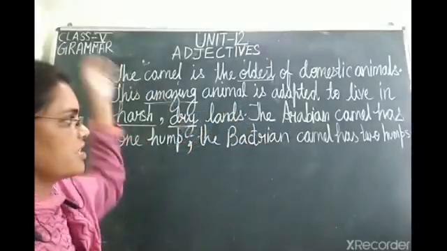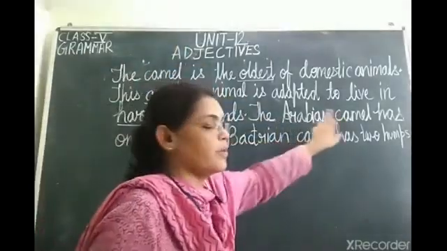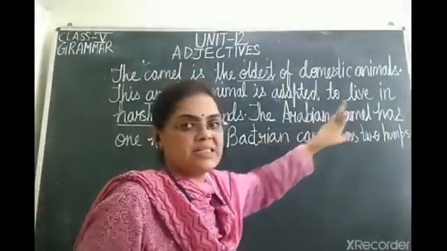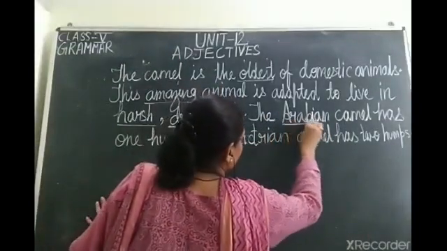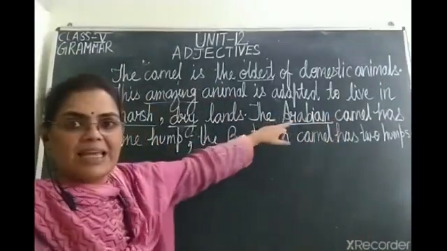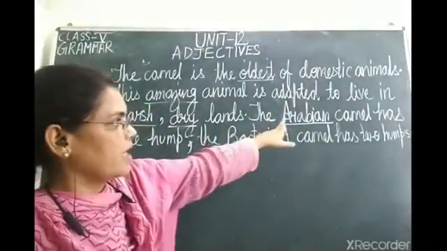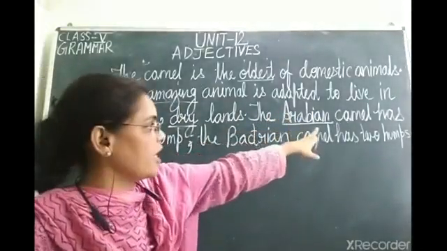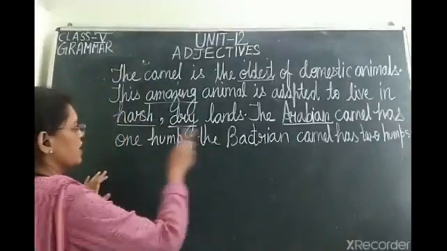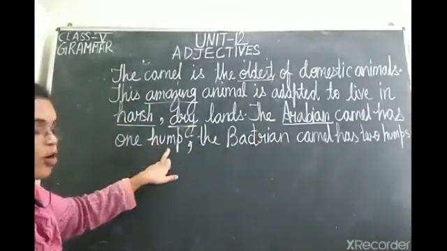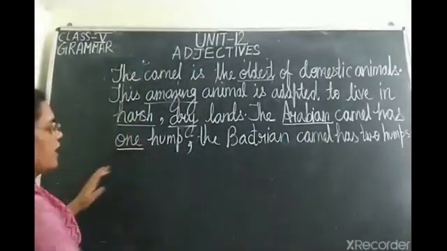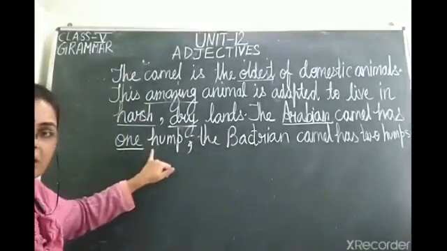And the adjectives are, beta, the Arabian camel. यहाँ पे camel is the noun. Which word is describing the camel? What kind of? The Arabian. ये बता रहा है what kind of camel? The Arabian camel has one hump. अब यहाँ पे देखो, one hump. Number has come before the noun. One क्या है बेटा? Adjective. One किसको बता रहा है?